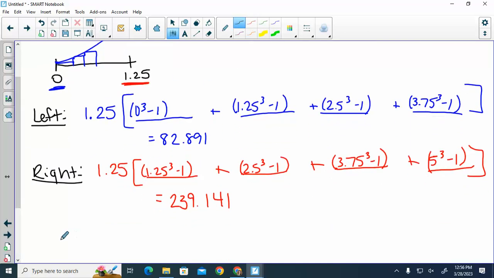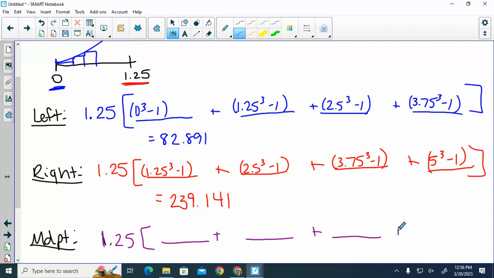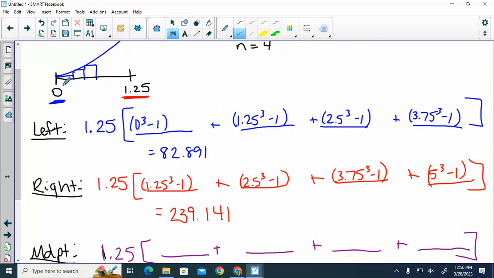So now I ask for the midpoint. Okay, my change in x is still the same. So I'm still multiplying by my 1.25. And we're still adding 4 things up. To figure out where to start, in this interval, 0 to 1.25, we need the middle.